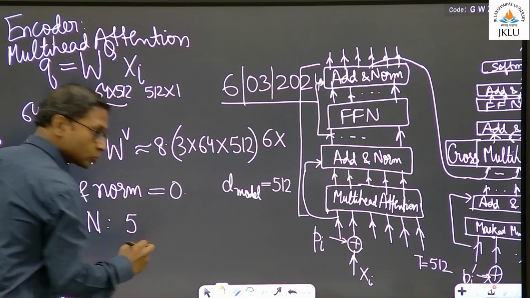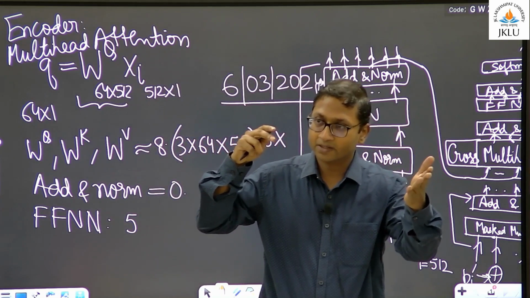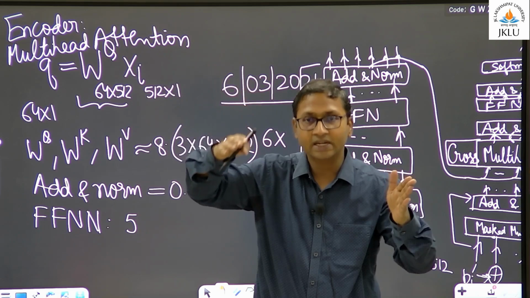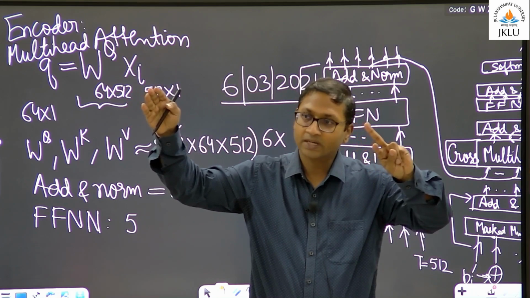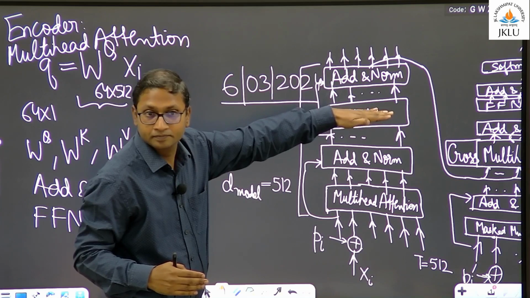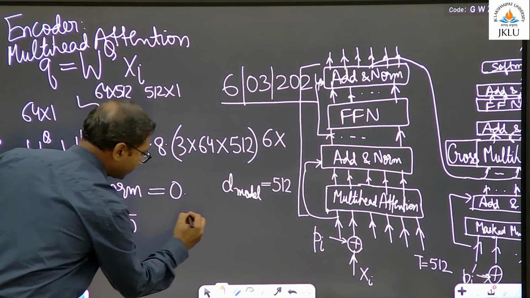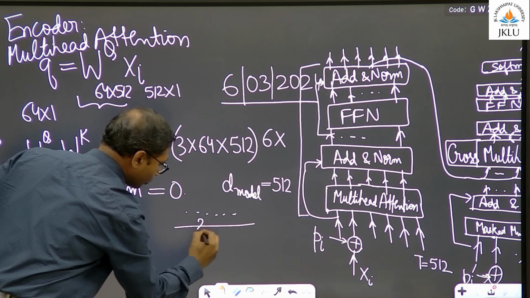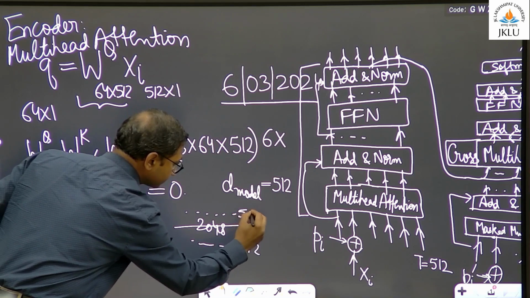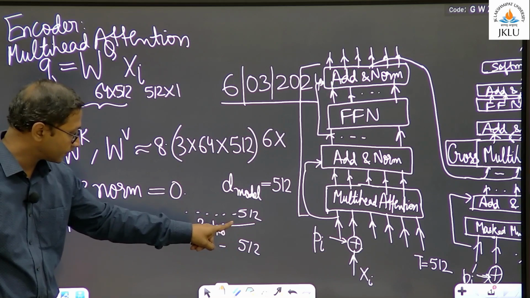The way we write our parameter matrices, it is number of neurons in layer L plus 1 cross number of neurons in layer L. So how does this look? This is 512 here, 2048 here, and 512 here. So this is 2048 cross 512 in our convention, because we multiply this with this.